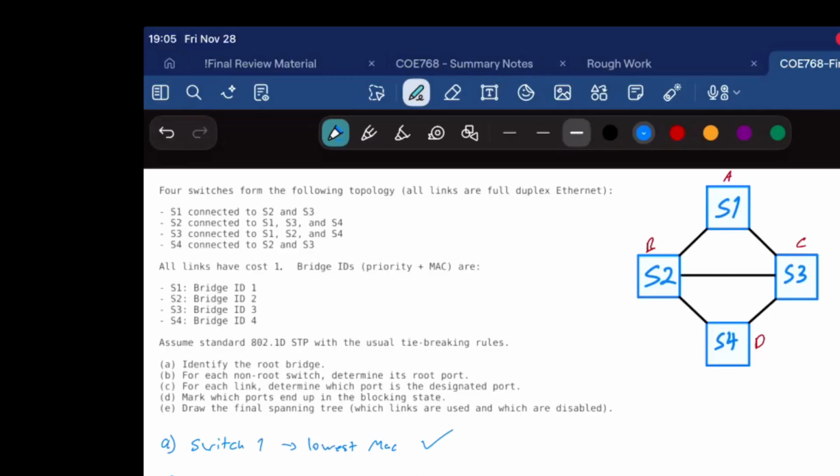For S3, once again, there is only one way to communicate to S1. Therefore, we will use the connection C to A. As for S4, we have two options: one going through S2, one going through S3. Which of them would you choose?